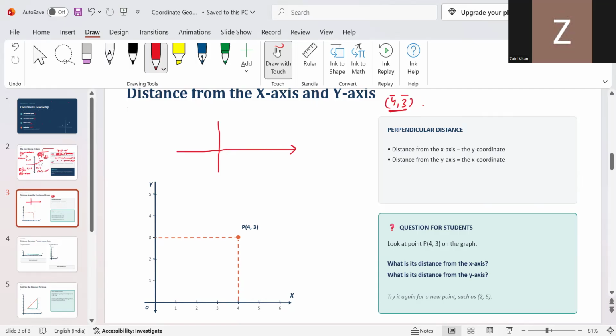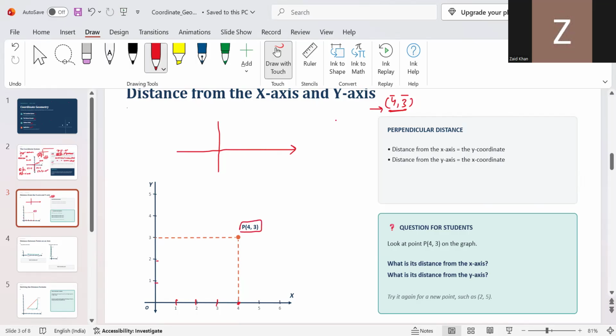So this will lie in the first quadrant because both are positive. We will move 4 units along the x-axis: 1, 2, 3, 4. Why 4 units? Because your x coordinate is 4. Now from here, we will not count from the origin, we will count from here. Now we need to count 3 from here: 1, 2, 3. This is (4, 3).